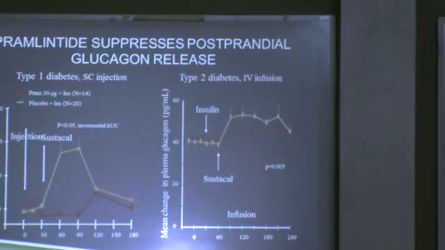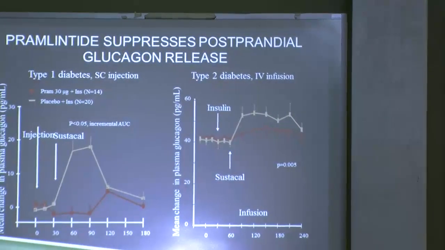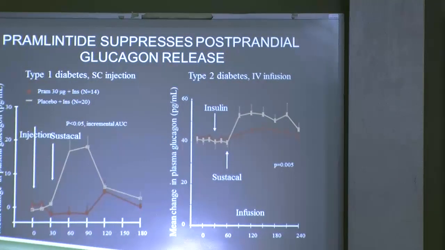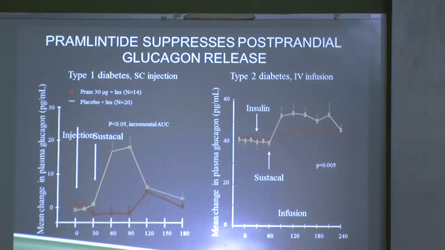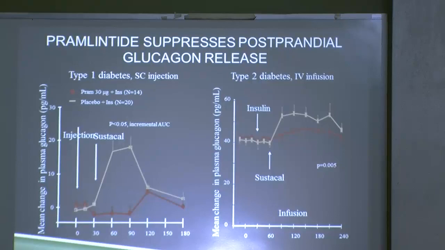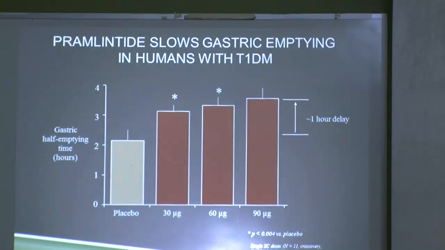So here are some studies that just prove the mechanism of how pramlintide works. In 2008, there was a study done on glucagon suppression using pramlintide in both type 1 and type 2 diabetics. And as you can see, with pramlintide, glucose levels are a lot lower in type 1 and type 2. Also, a study done in 1999 shows that with 90 micrograms of pramlintide, there is about an hour delay.